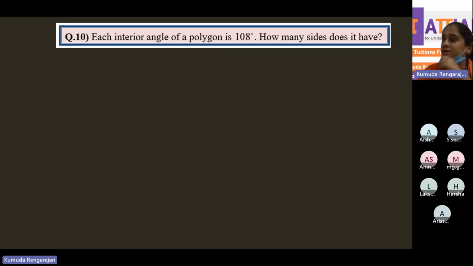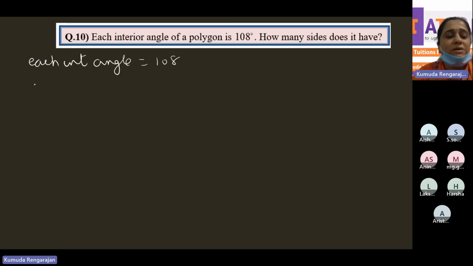Read your steps, Anantika. Ma'am, I actually did not do the steps. We did the same question and we got the same side as 108. Okay, so each interior angle is equal to 108.